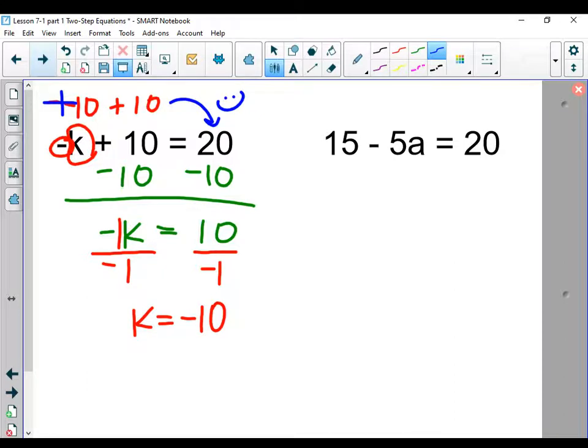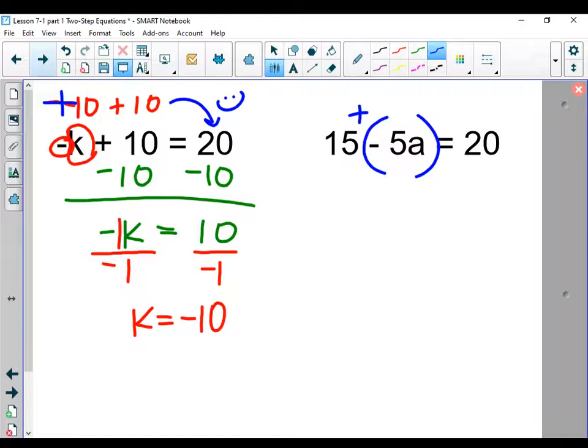Here's the last tricky one. When the variable is second, you have to use stuck like glue. Another rule we haven't used in a while.